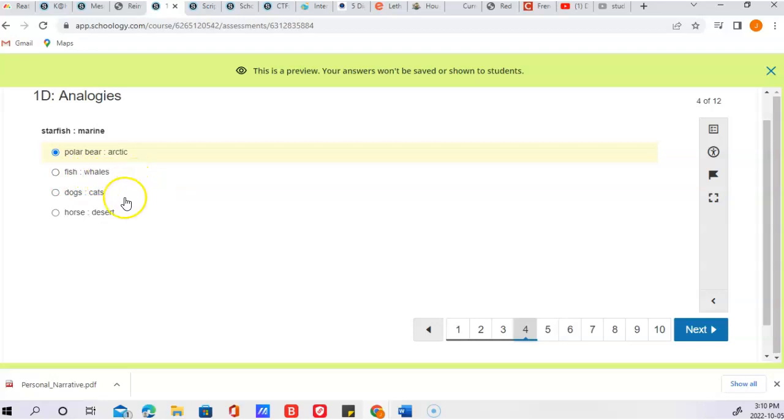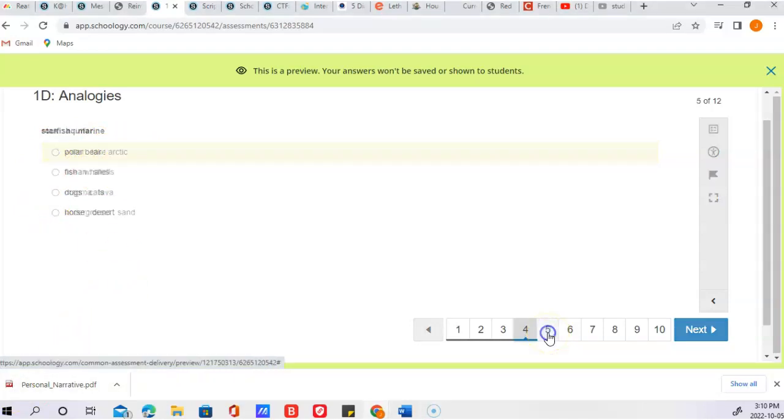That makes no sense at all. A dog's is a cat's animal. That doesn't make sense either. A horse is a desert animal. Well, you might find a horse in a desert, but they're not considered desert animals. So polar bear and Arctic would be our best choice for this one.